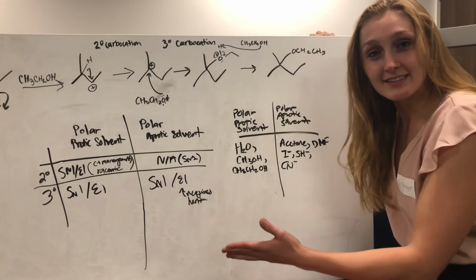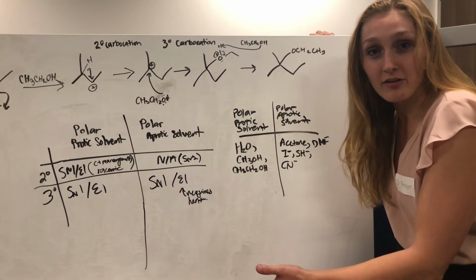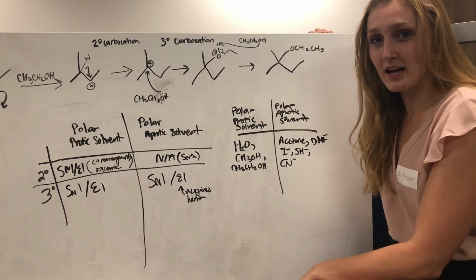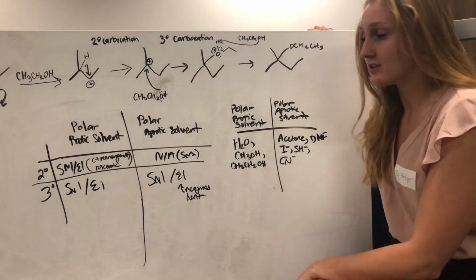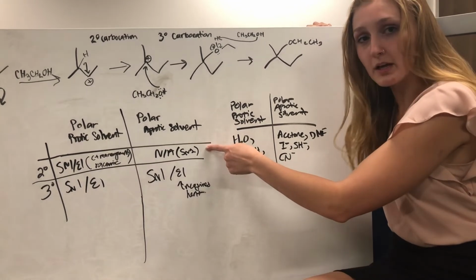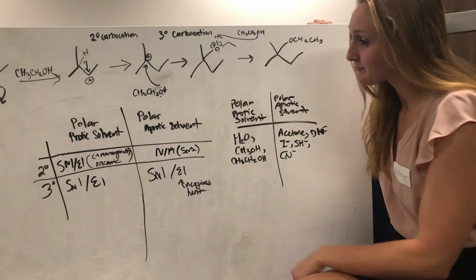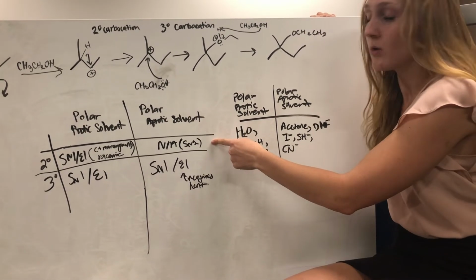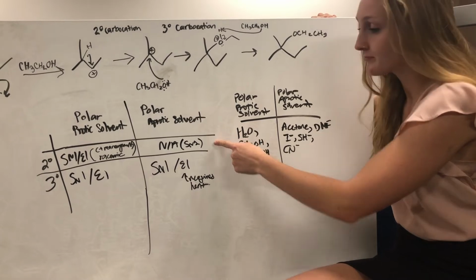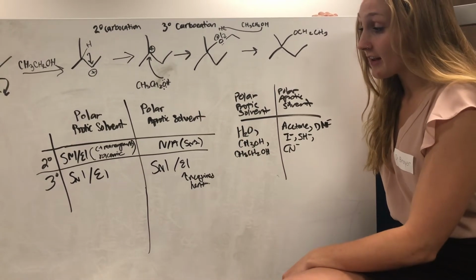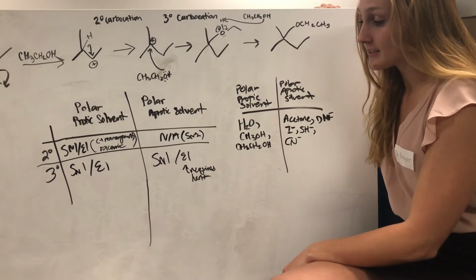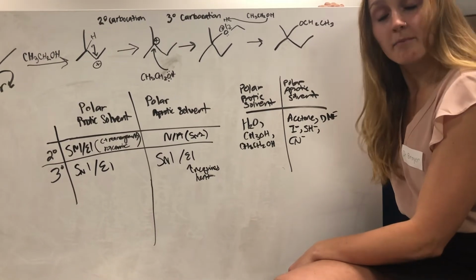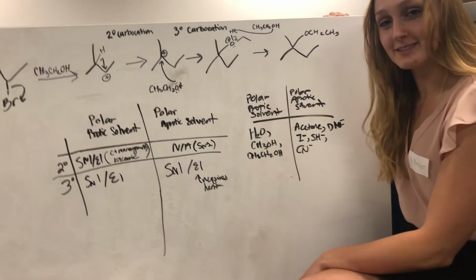I haven't listed the primary or the methyl alkyl halides because those undergo SN2, which is not applicable to this problem. In a polar aprotic solvent, a secondary alkyl halide will also undergo an SN2. A tertiary alkyl halide will undergo an SN1 or E1 reaction, but we will require some heat.